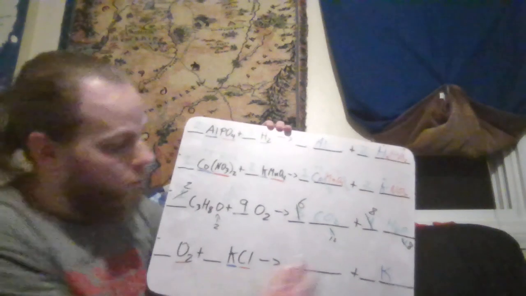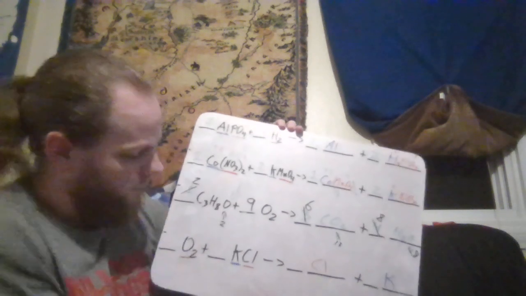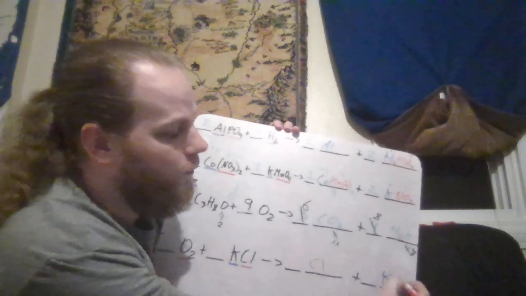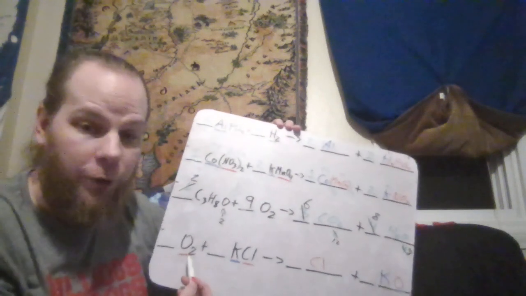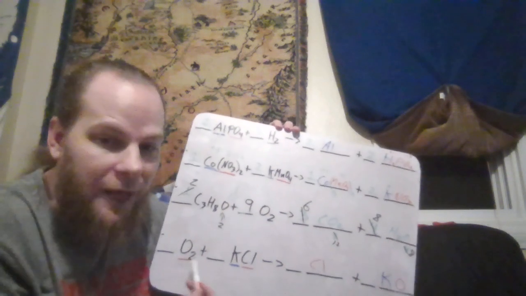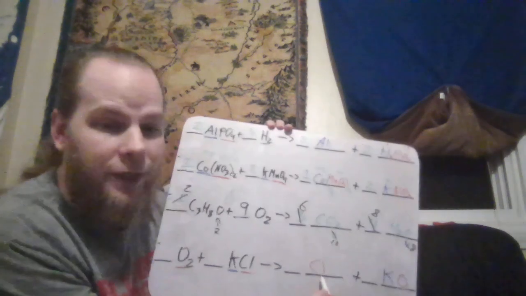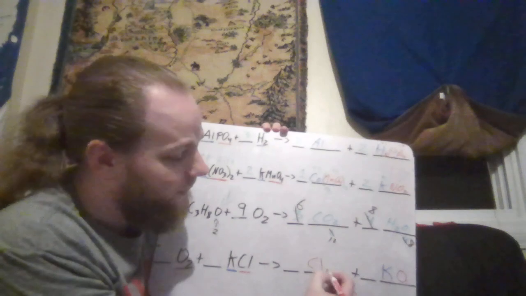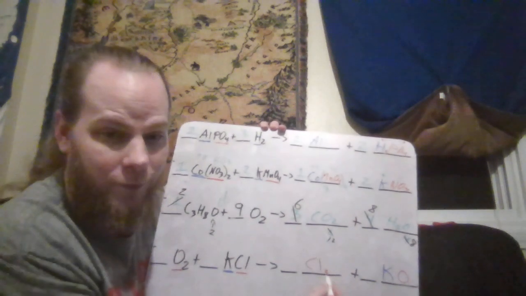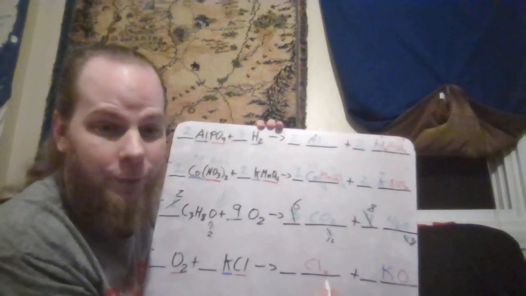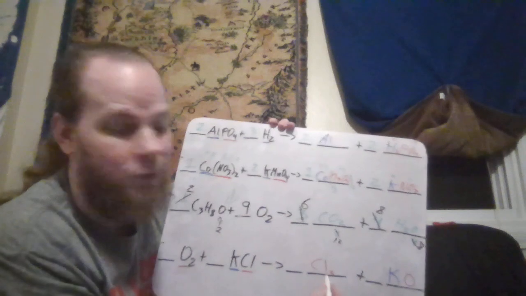So we're going to put the chlorine over here and the oxygen over here. We are not bringing the 2 because that 2 is not part of a polyatomic ion. Chlorine is a diatomic, so it actually needs to gain a 2. And if you don't do that before you start balancing, this is going to be interesting.